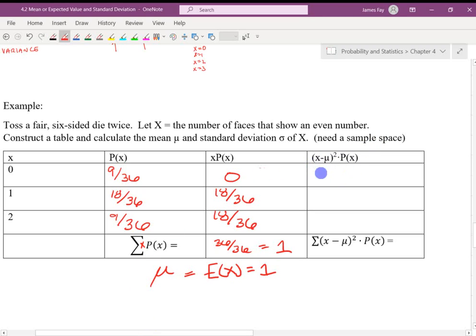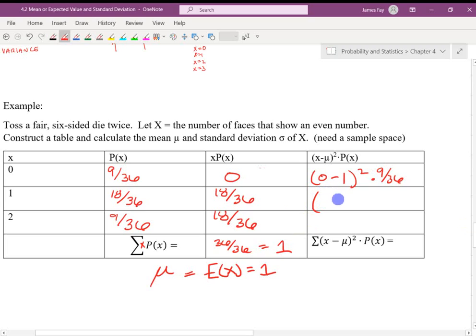Now what they're asking you to do, and this one isn't too bad to do by hand. They ask you, we're going to find the deviations and we're going to square them and multiply that by the individual probabilities. So x minus mu, so x is my random variable, so 0 minus mu, which was 1. We'll square that and then multiply it by p of x, which is 9/36.